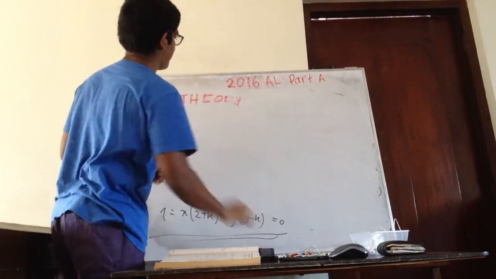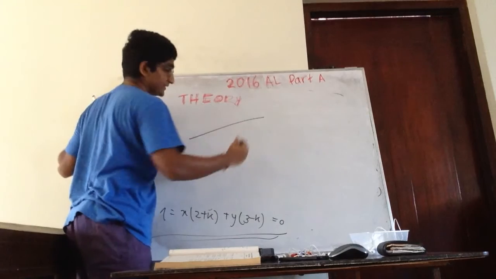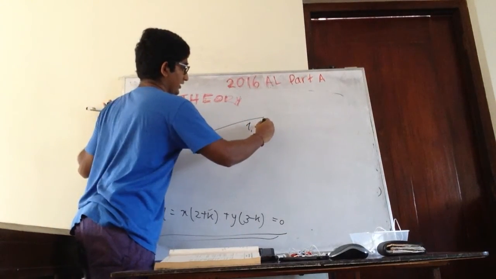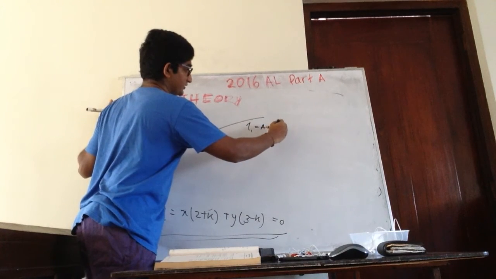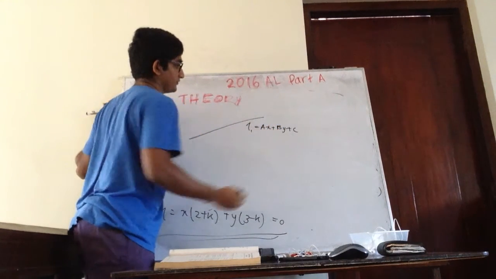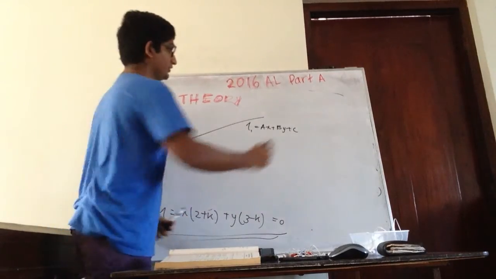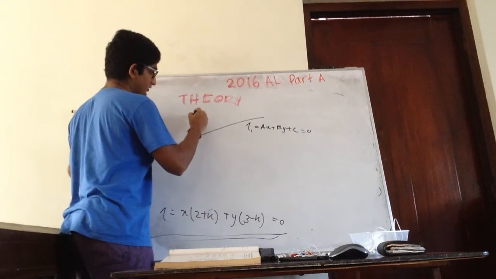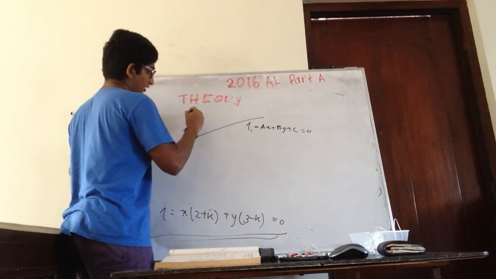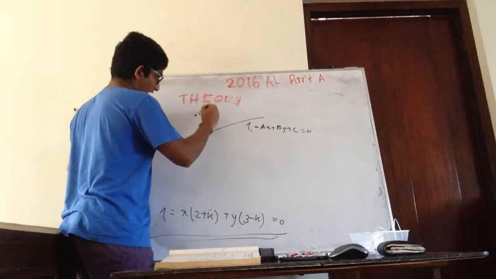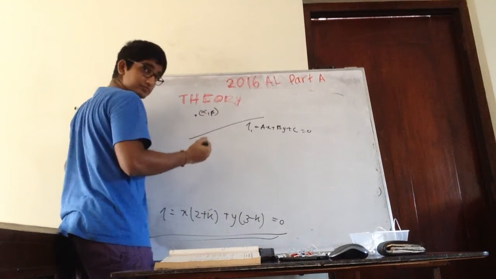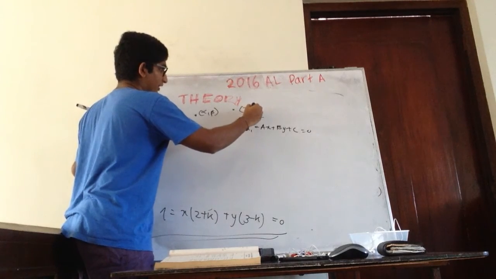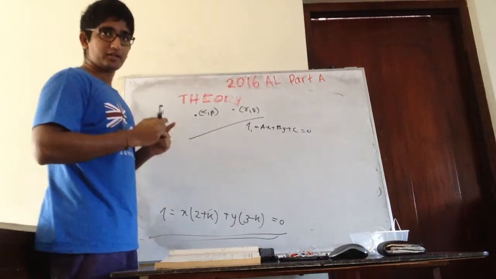So now if there is a line like this, right? So now let's say this line is ax plus by plus c, right, equals 0. If there are points, let's say alpha, beta, right? And there's another point gamma, delta, right?